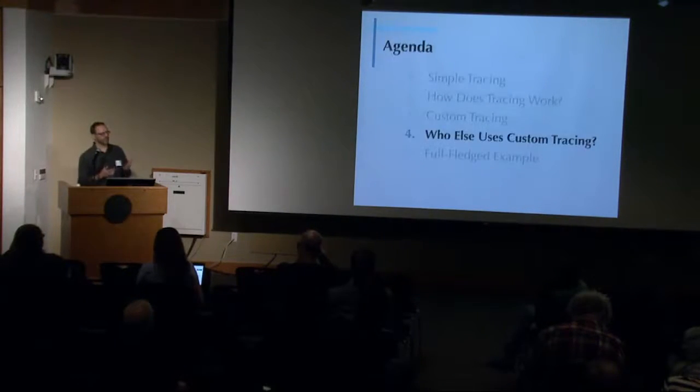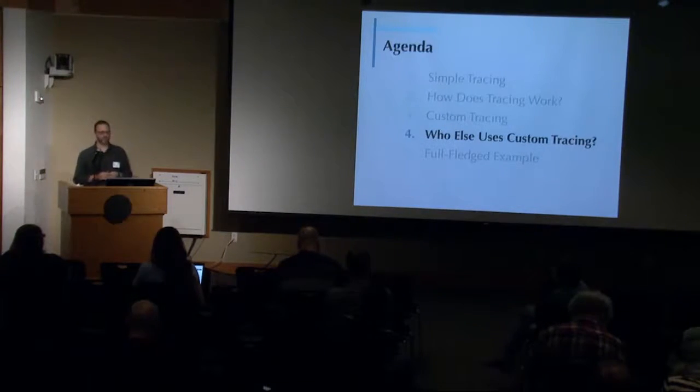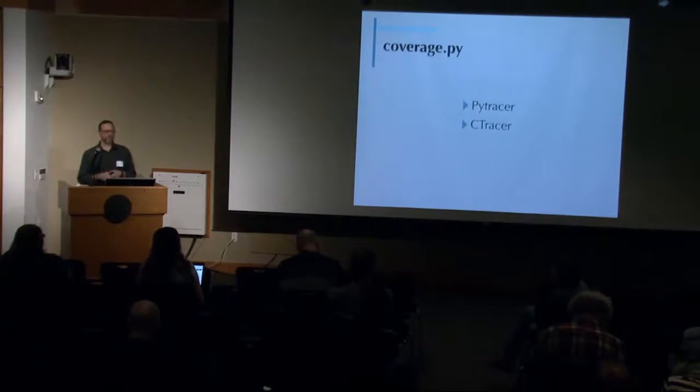So those are just a couple of examples of how you might write your own tracing function, some of the problems that maybe you can solve with tracing. And there are a lot of other projects out there that use the same or similar techniques. If anybody has used coverage.py and calculated what percentage of their code is covered by their test suite, basically this entire project is based on tracing functionality that's built into the standard library.